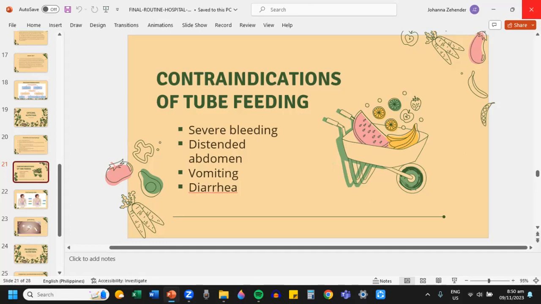Or the vomiting or diarrhea is a reflex, especially for those patients who are suffering from irritable GI tracts. Okay, so instead of giving them tube feedings and oral feedings, binibigyan sila ng parenteral nutrition. Okay, so ito one example.